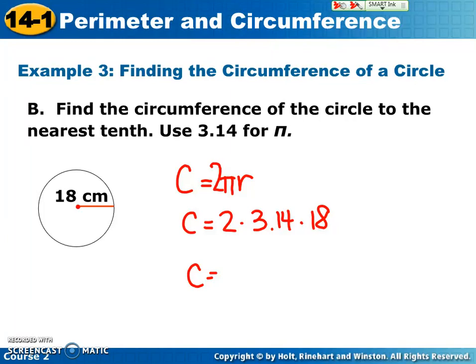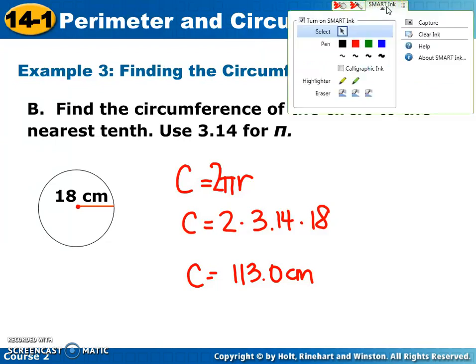We want the 2 because we're multiplying by the radius. We want to double it. And I get 113.04. The 4, though, was not enough to make the 0, 1. So my final answer is 113 centimeters. Okay, and you can put the 0.0 or you can leave it either way.